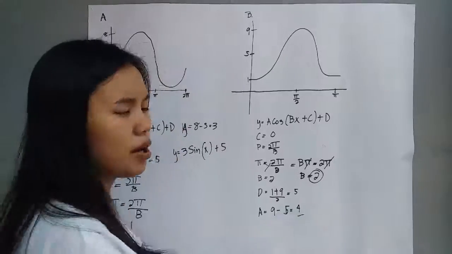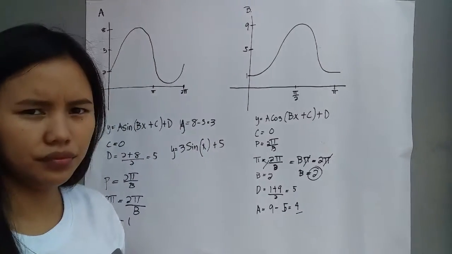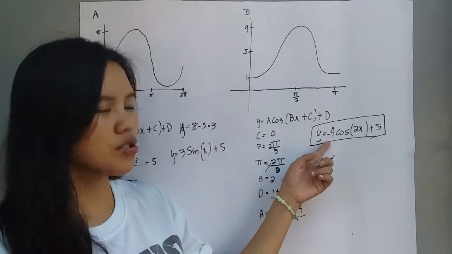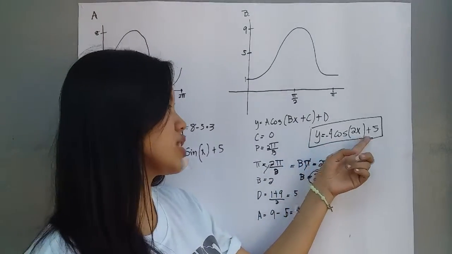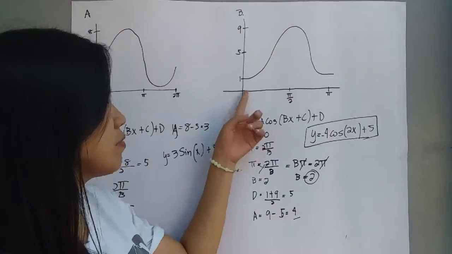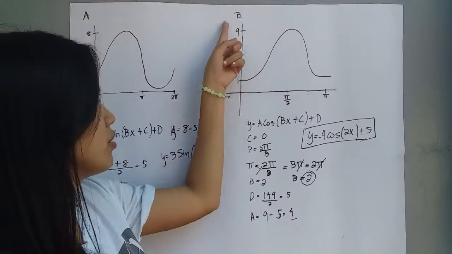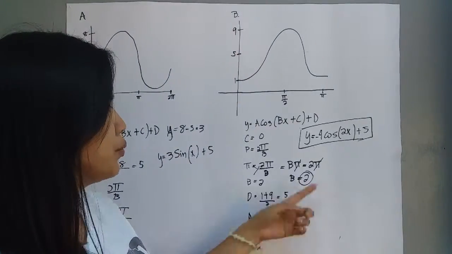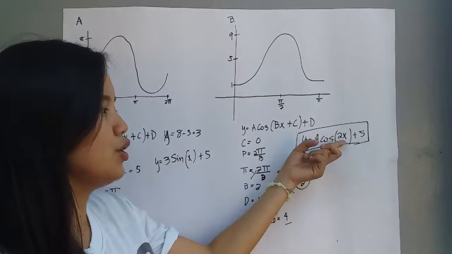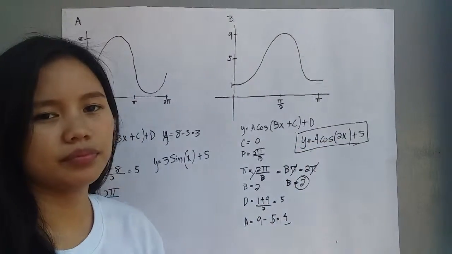This is now our amplitude. Now we have our equation: y equals negative 4 cosine 2x plus 5. It is negative because our graph started at the bottom rather than at the top. So we got negative 4 cosine 2x plus 5.